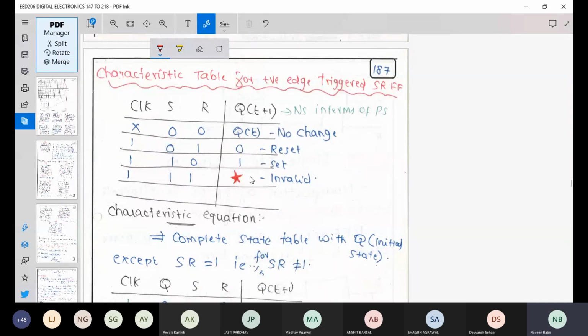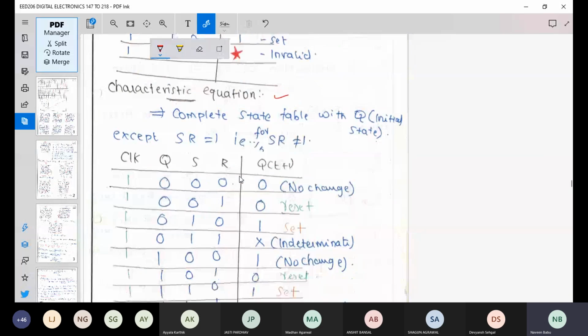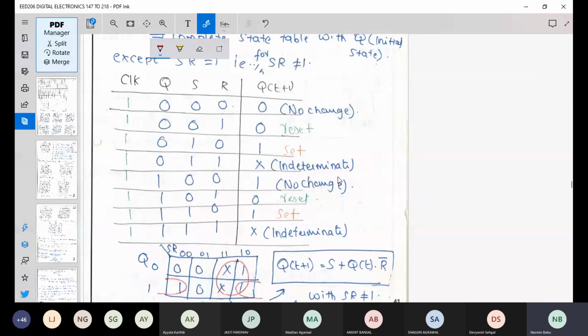The difference between a characteristic table and a state table is that your state table will have your present state also as one of the inputs, as in the case of a truth table. So here your present state is also one of the inputs. Based on that, you create the next state output.